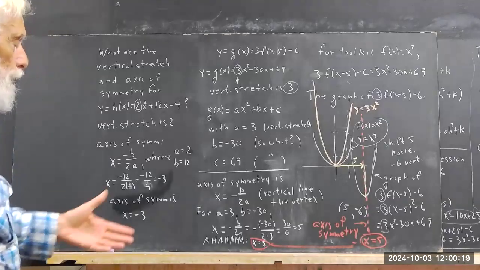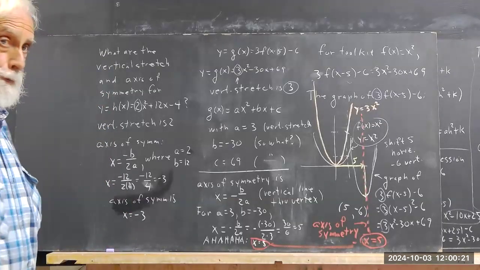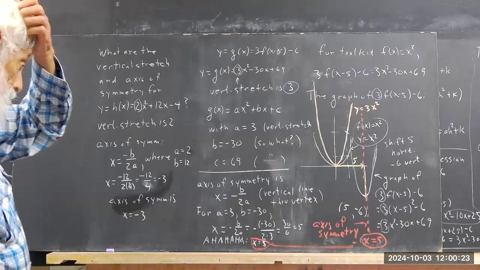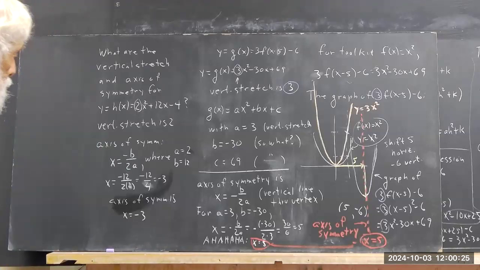Okay, can you sketch a graph and just show me that axis of symmetry? Nothing else. Do that kind of quickly, because we want to move into quadratic formula land here in a minute.